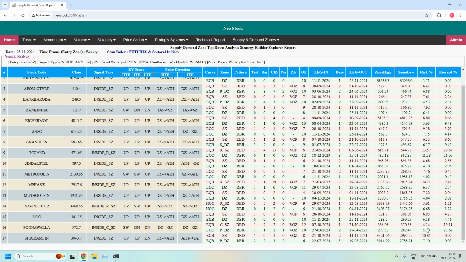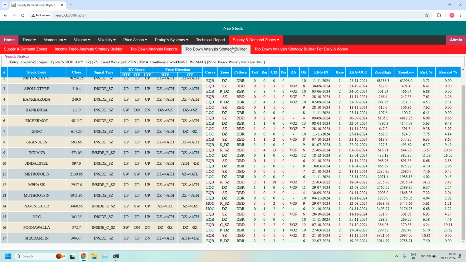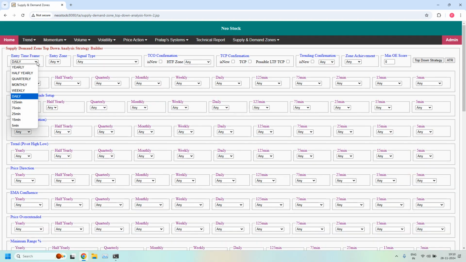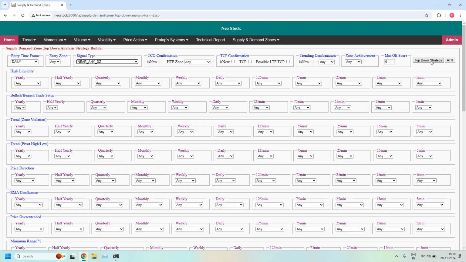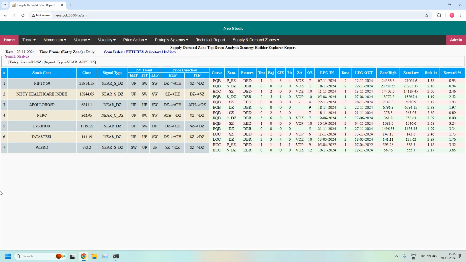Okay, this is about the weekly time frame, and the next time frame is daily. Entry time frame daily. Let's find the stocks near daily demand zone. We got 7 stocks. Let's identify high liquidity demand zones from this list. NIFTY is having a high liquidity daily demand zone.